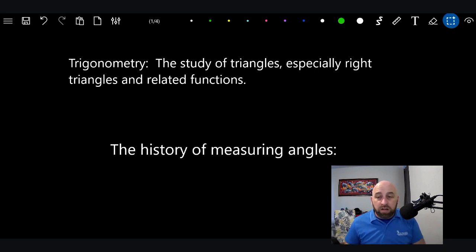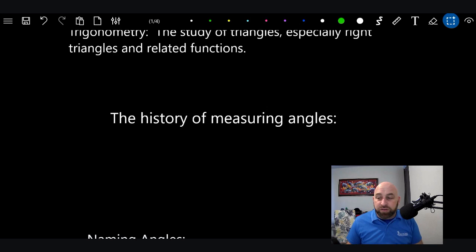All right, let's talk now about the history of measuring angles. To me, this is pretty interesting. I like history. I'm a history guy. That's kind of my second passion to teach, is history. I love teaching about history and geography and different things like that. Well, in math history, there are some interesting moments, and one of the most interesting is these guys, the Babylonians.